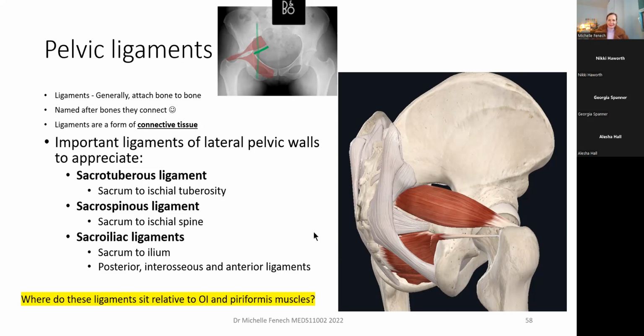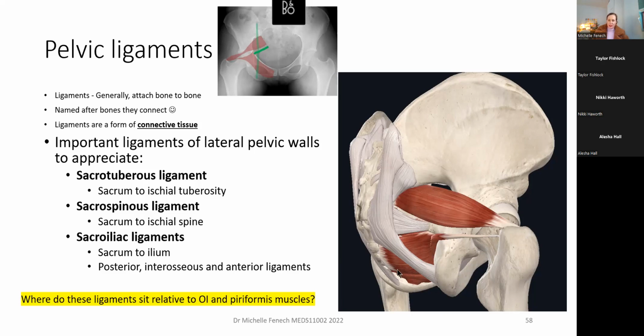Yes. How would you describe the relationship of the inferior portion of the sacrotuberous ligament relative to your obturator internus muscle? Sits inferior. Posterior.